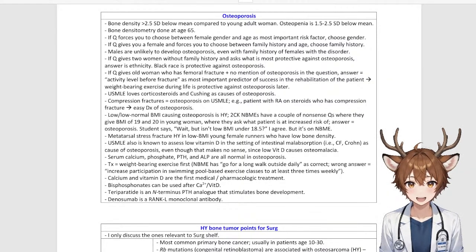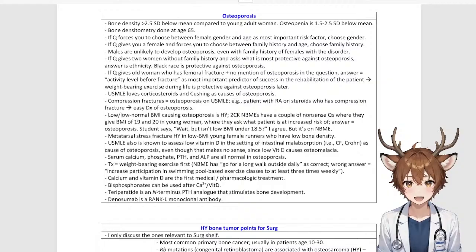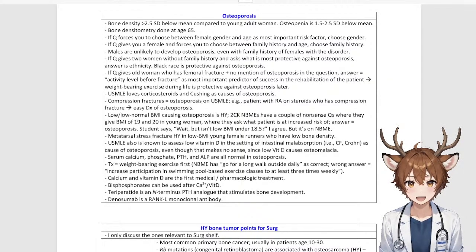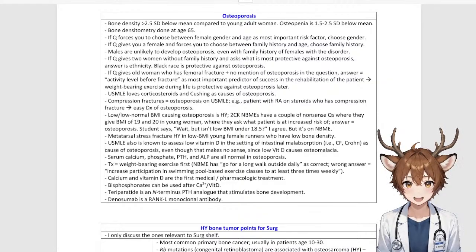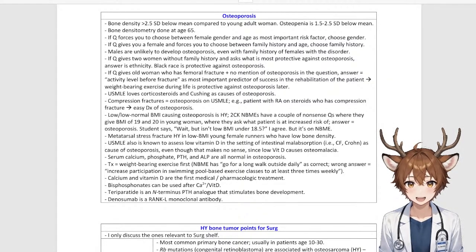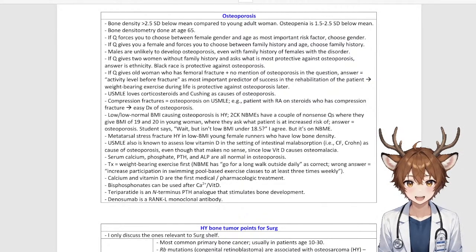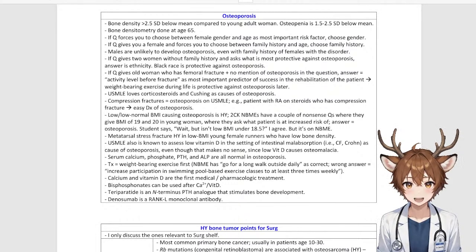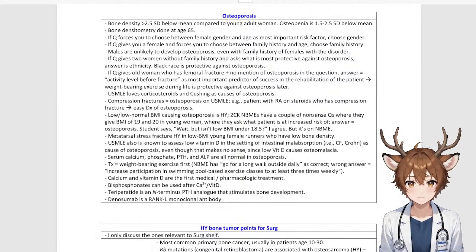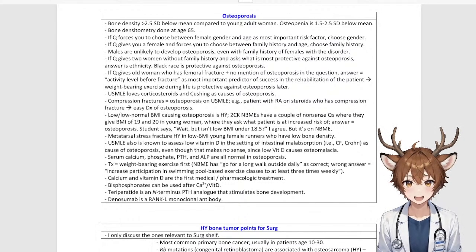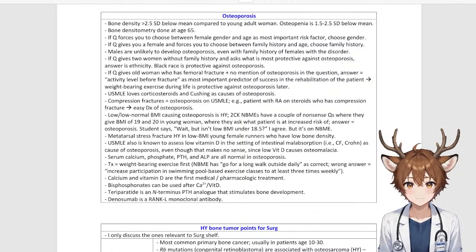Basically, osteoblasts have this thing called RANK-L, and there's a RANK-L interaction between osteoblasts that activates osteoclasts, and the osteoclasts can then go do their work. So denosumab helps prevent that interaction from occurring, which would trigger osteoclast activity and therefore the breakdown of bone.